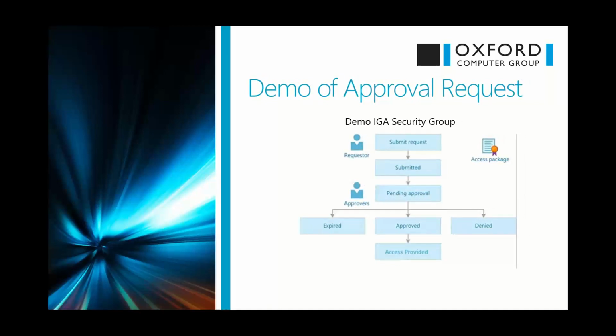I'm going to have a requester request access to a demo IGA security group inside of Azure AD. They're going to submit that request. That request is going to go to an approver. We'll see the email that was generated for that request, and then we'll see the action, what the approver is able to do if they want to approve or deny that request.